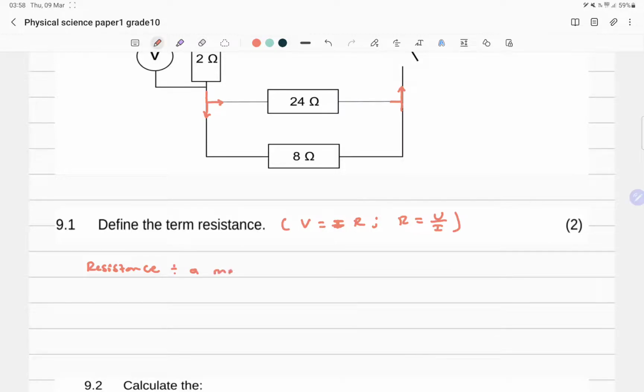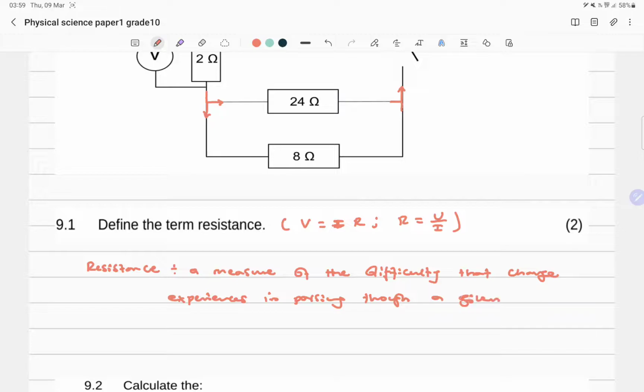We can say it is a measure of the difficulty that charge experiences in passing through a given point in the circuit.